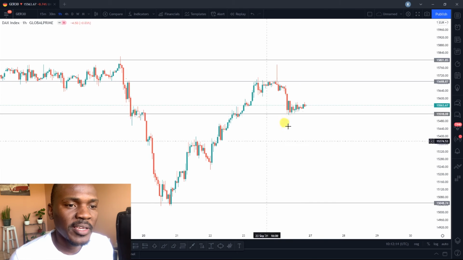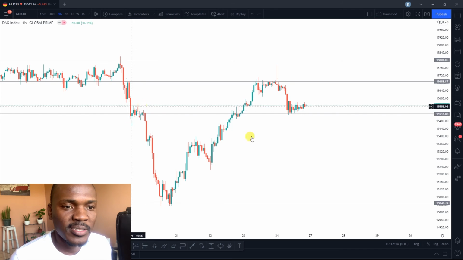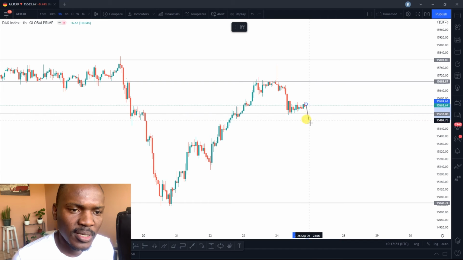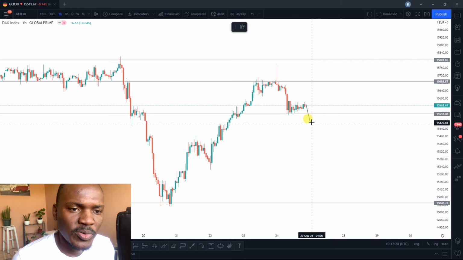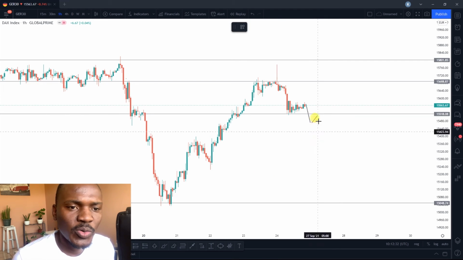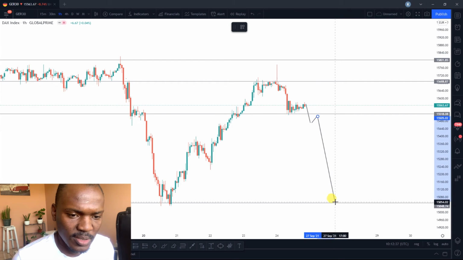But you see what's happening here. I'm expecting the market to do the same thing that it did here on my left hand side, to break this support, and possibly come to retest and then continue going down to this major support.